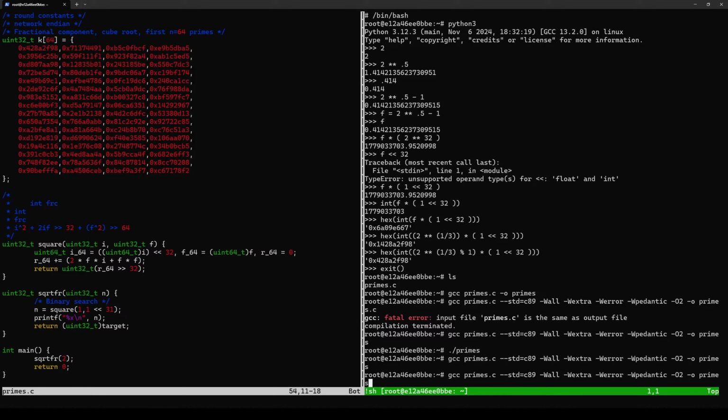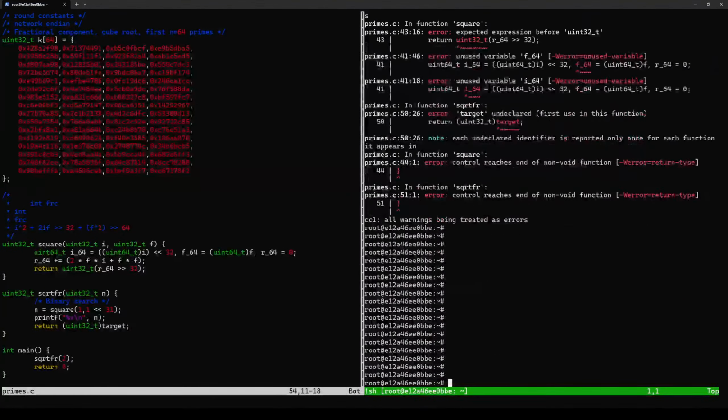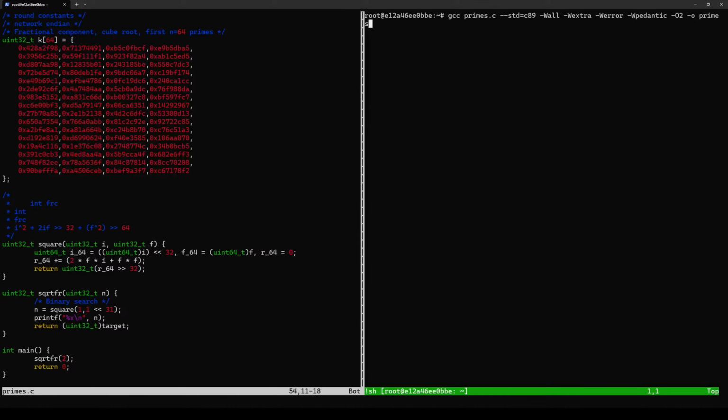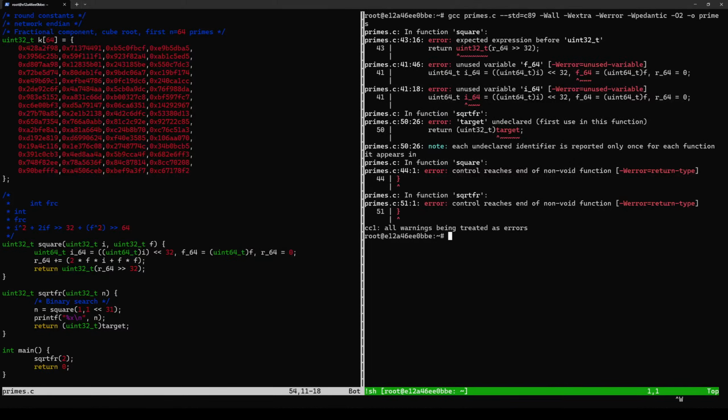Let's run that. Let's clear. Expected expression before. So what have I done wrong here? This is not a cast. This is being treated as a function. That needs to be a cast. Unused variable f64, right? These all should be 64s. It actually would have been easier to rename something else.